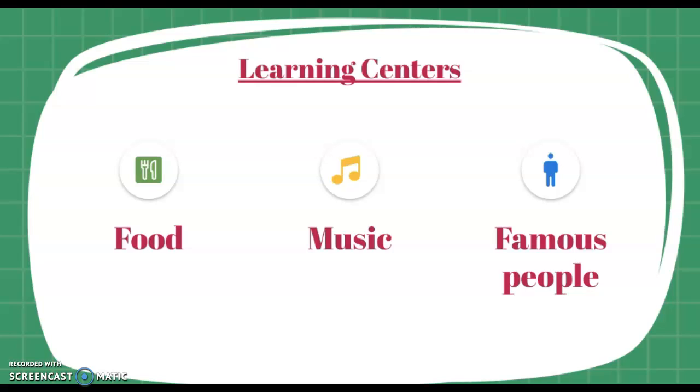And the last one would be famous people. Students would research different people that came from different countries. This could include artists, painters, activists, and so on. So again, the students would choose one of the 3 centers based on what interested them most.